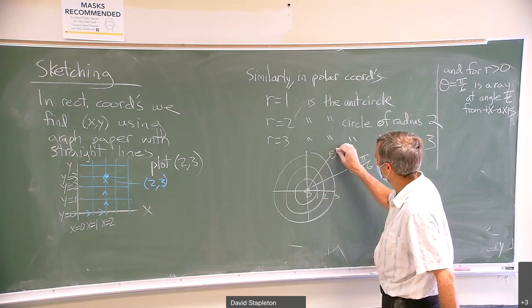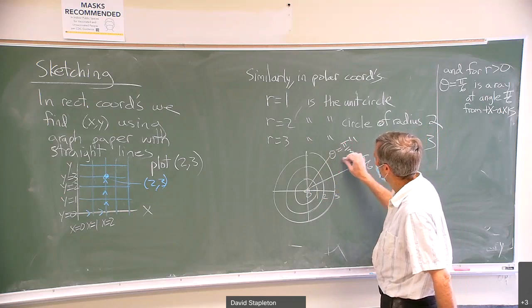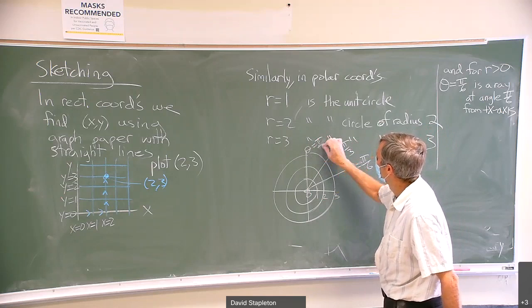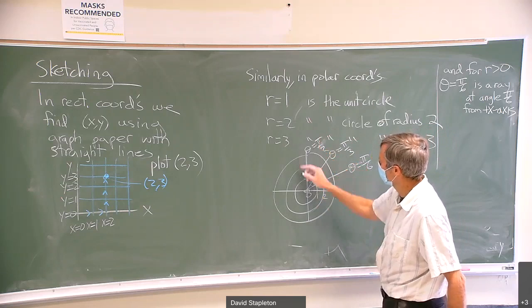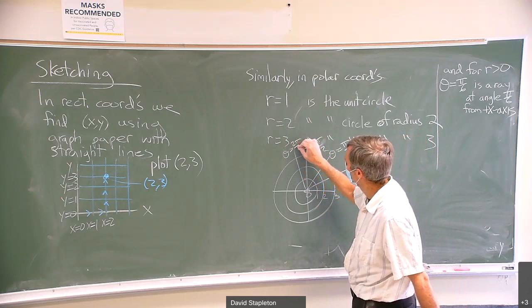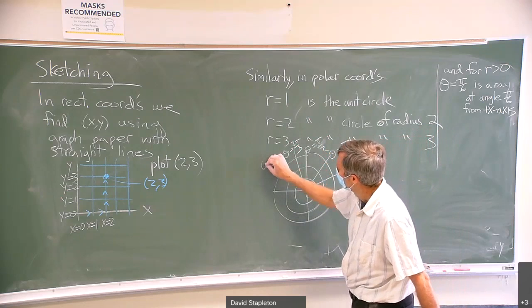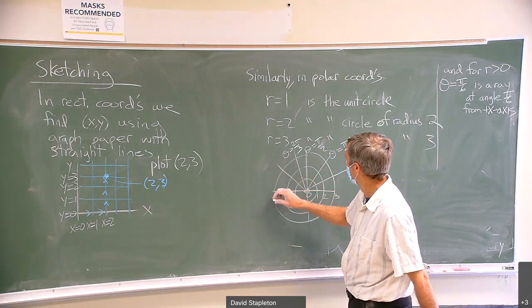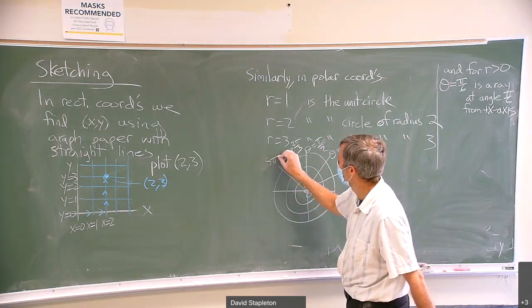And then here's another one. Theta equals pi over 3, right? Here's theta equals pi over 2, the y-axis. Turn to 90 degrees and go up. Here's theta equals 2 pi over 3. And you just label them without writing theta. Here's 5 pi over 6.